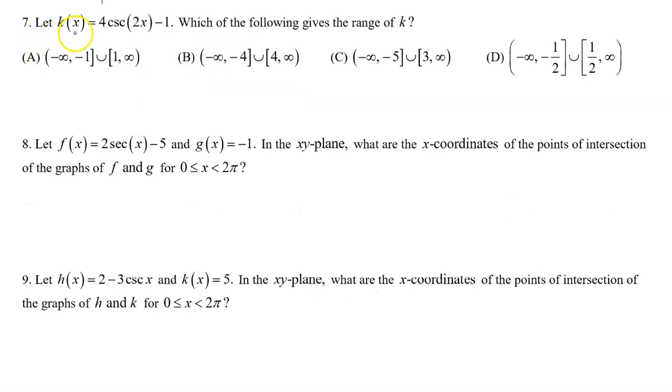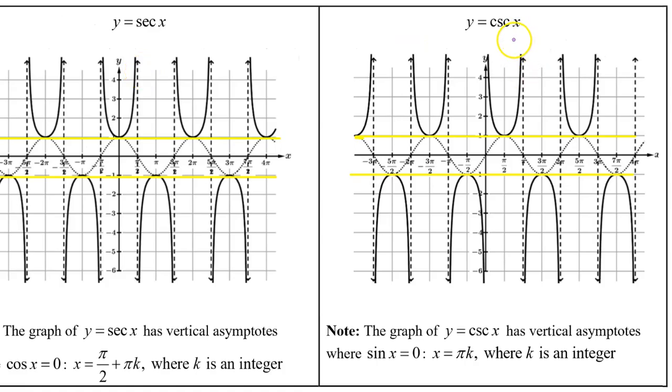Number 7. Let k of x equal 4 times the cosecant of 2x minus 1. Which of the following gives the range of k? Remember that the range of the parent function cosecant x goes from -infinity to -1, union 1 to infinity.